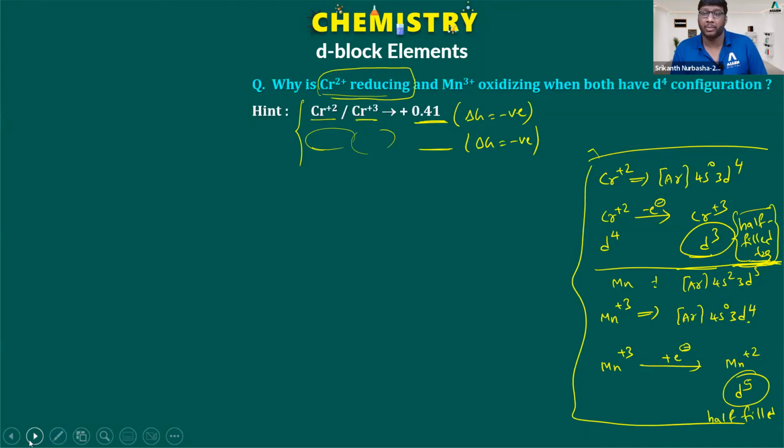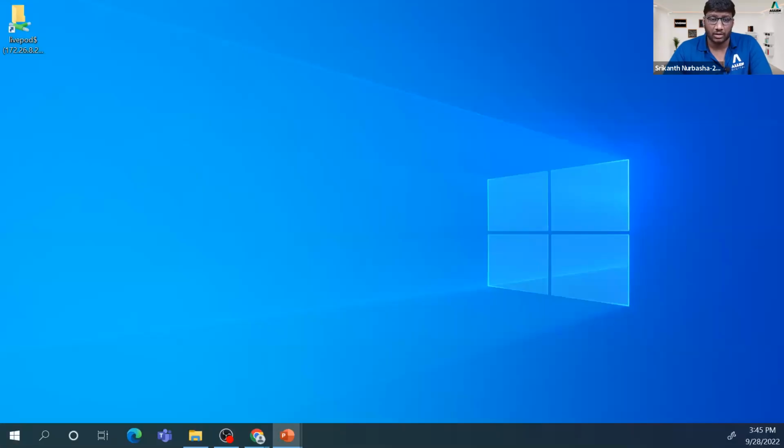Okay, these are the different properties shown by d block elements. Then we'll be understanding about different compounds of your d block elements.